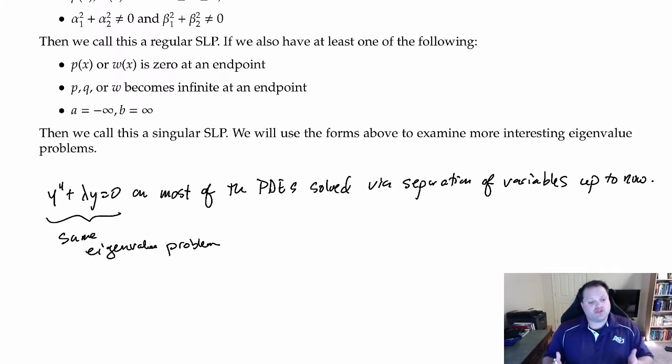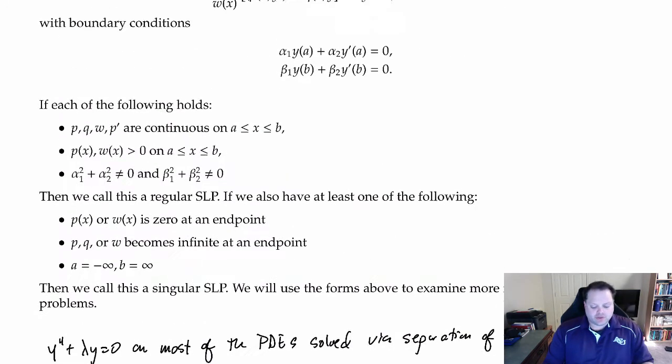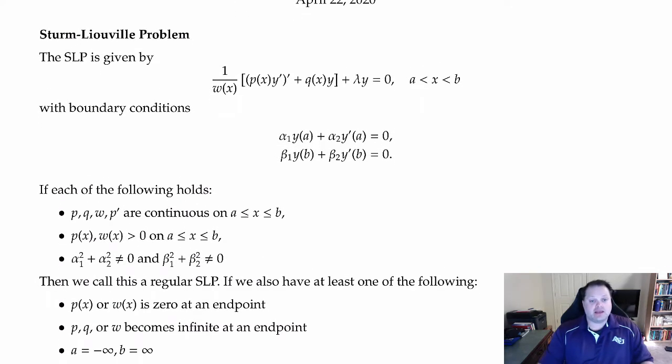The general theory of what an eigenvalue problem would look like for a separable PDE is an SLP. So the definition that we're talking about here today is the most general form that an eigenvalue problem can take in this course and still allow for separability in terms of solving the PDE.